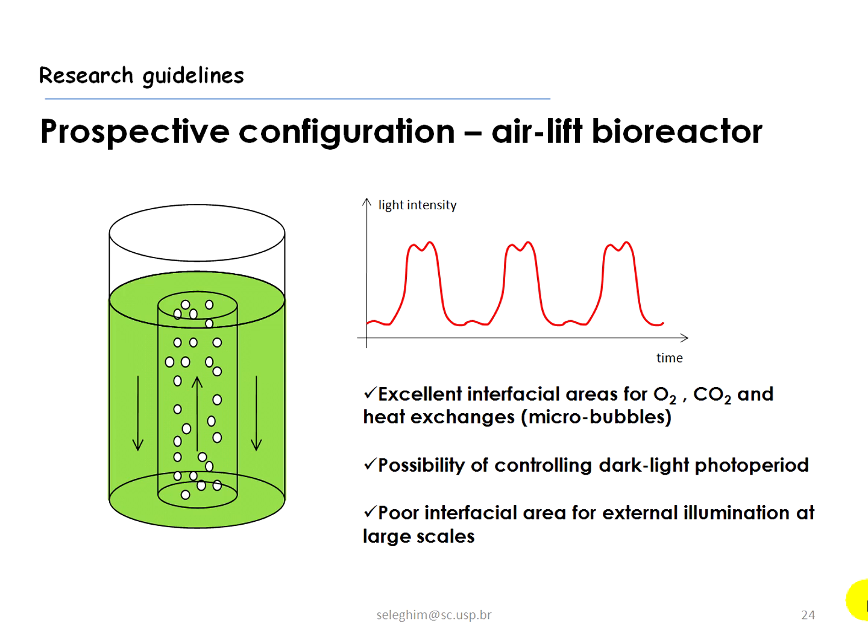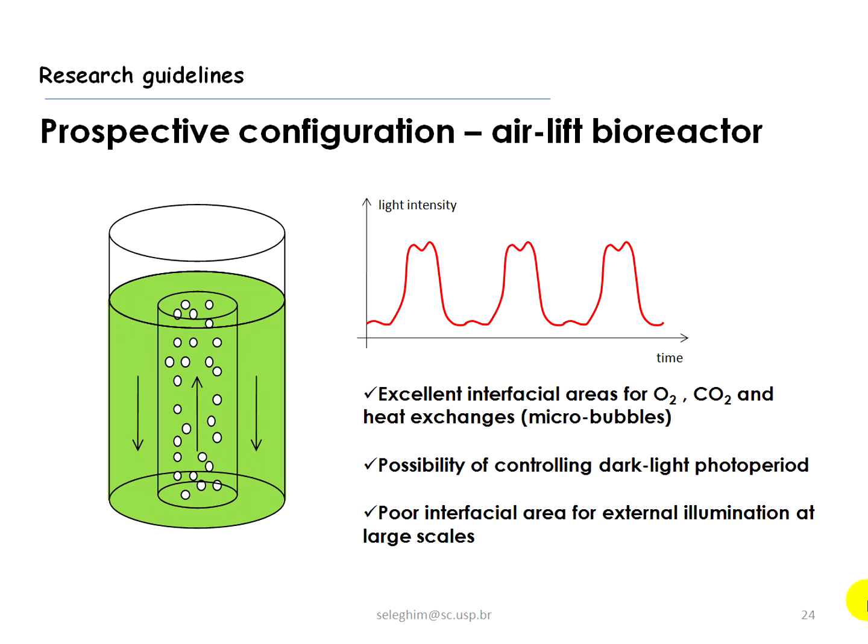Actually, we are considering this configuration. It's an airlift bioreactor. It's something like this. You have a bubble column here. Light is entering the volume by the external surface here, okay? And you have a flow like this, induced by the bubbles. So what's interesting is that you have an excellent interfacial area for gas exchanges, for photosynthetic O2 removal, and for CO2 supply, okay?